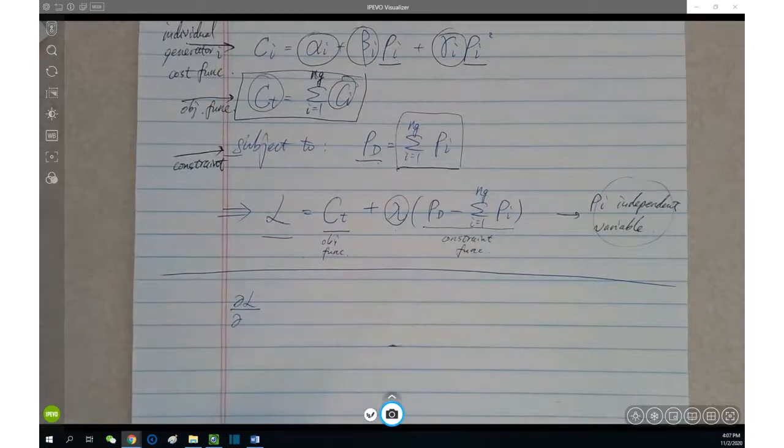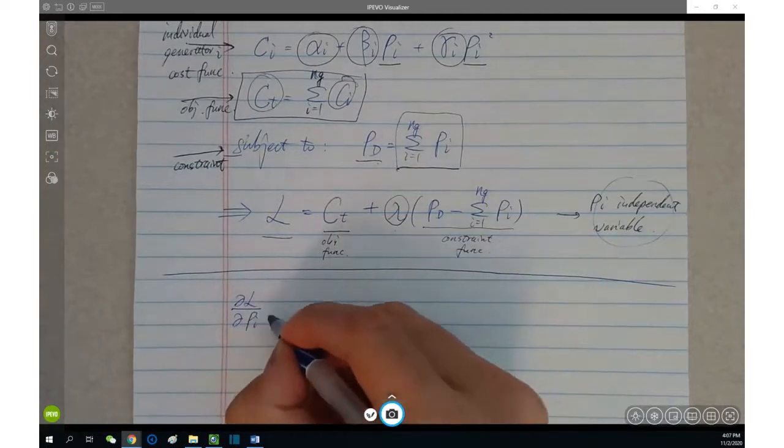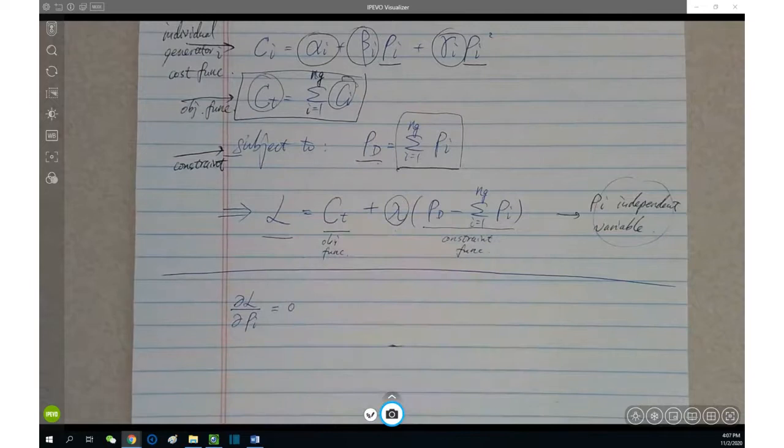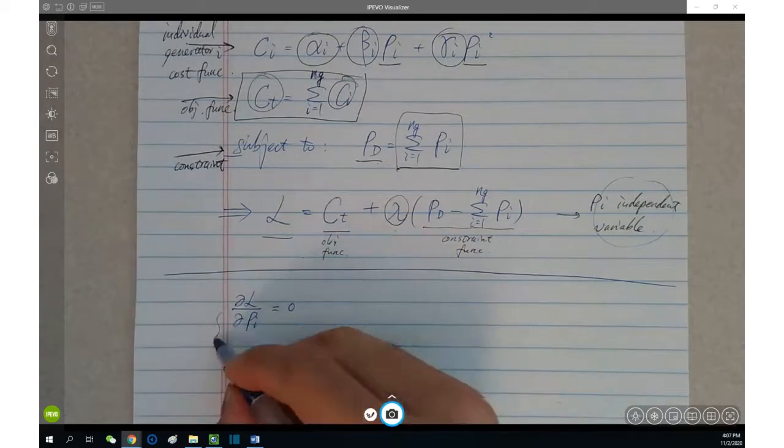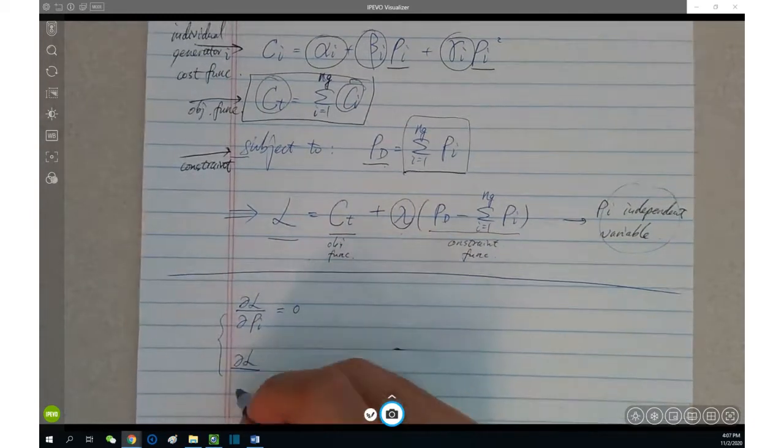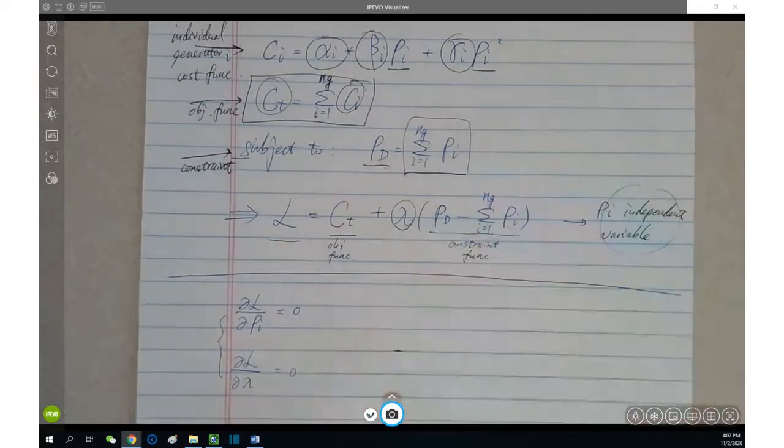The partial derivative of the Lagrange multiplier with respect to the independent variable, which you just mentioned is p sub i, equals 0. And the partial derivative of L with respect to the introduced unknown lambda. That's it.